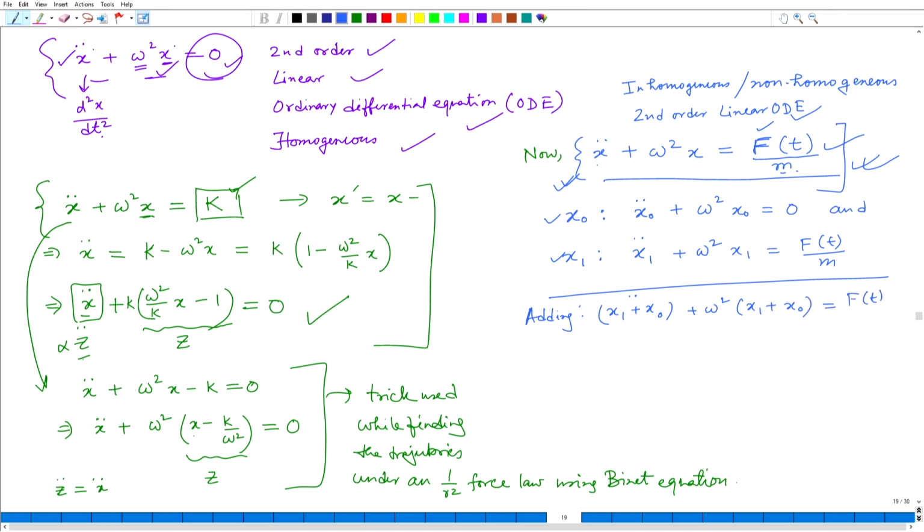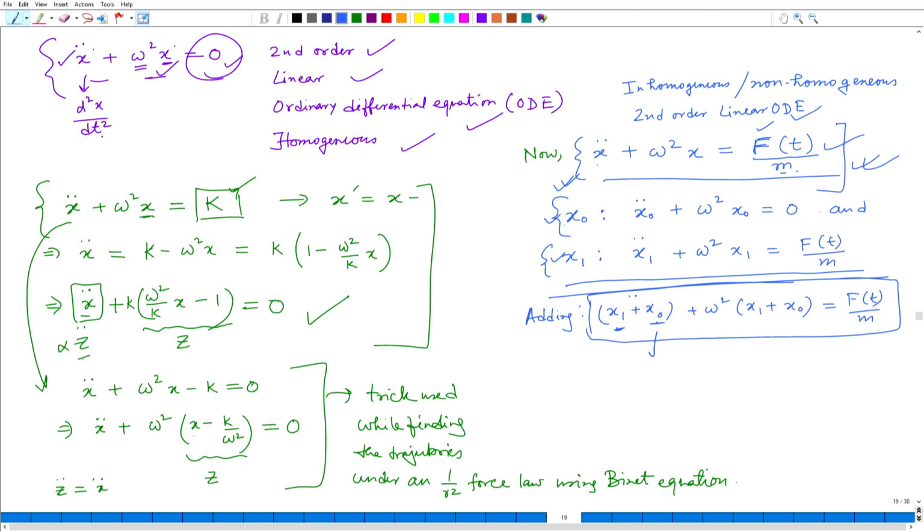is equal to f t by m. So, you see that although x 1 was just found as a particular solution for this form, since x 0 is the solution for the homogeneous part, even if you add it, it is always giving you the correct solution of the whole equation, and that is why the whole solution will be x 1 plus x 0.